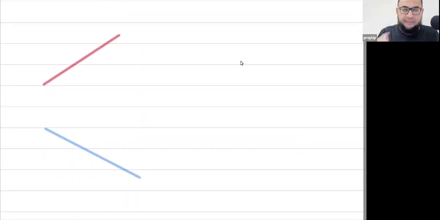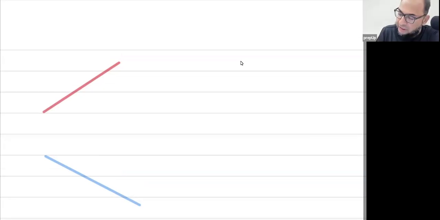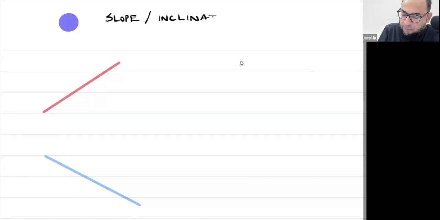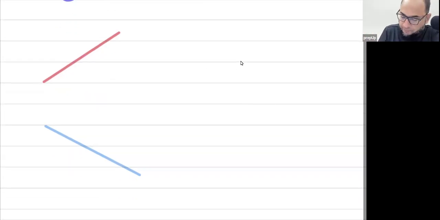Now I've drawn 4 lines, and let me realistically write some coordinates. So first of all, let me choose a different color. I'm talking about slope, inclination. I'm not using the coordinate geometry terminology as yet. So I'm talking about slope and inclination.